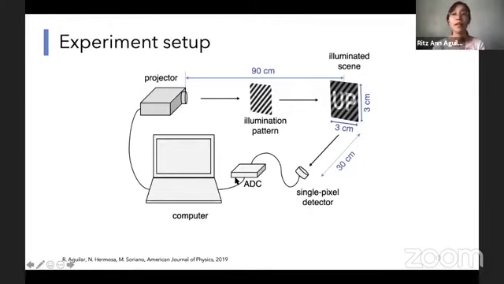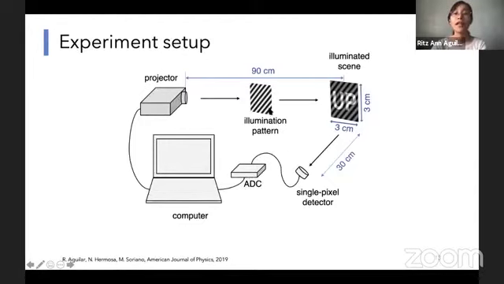And then we employ a particular technique called Fourier ghost imaging, wherein we project a series of sinusoidal patterns onto the object. For each pattern, the light signal is collected by your single pixel detector. The analog signal collected by the single pixel detector is converted to a digital signal using your Arduino board.